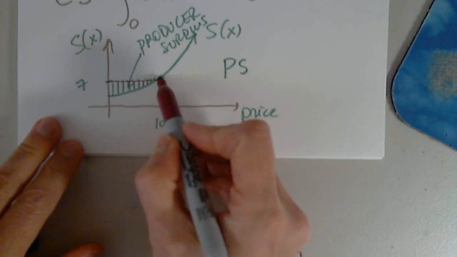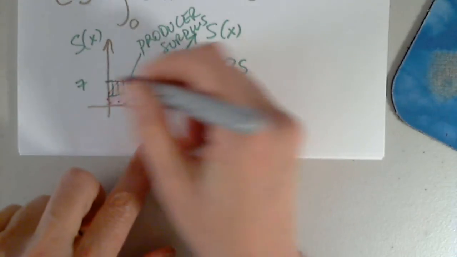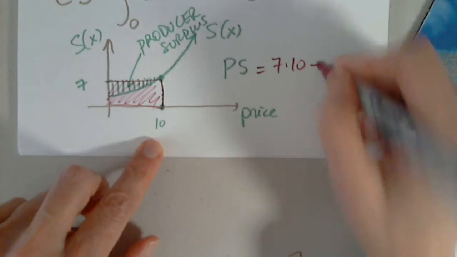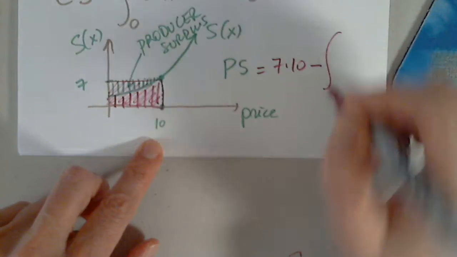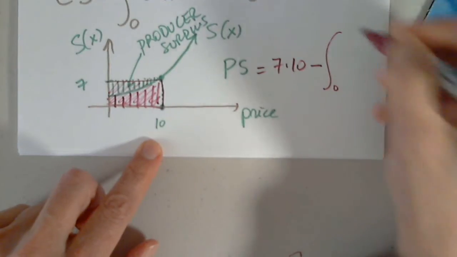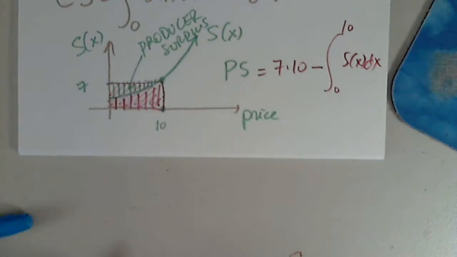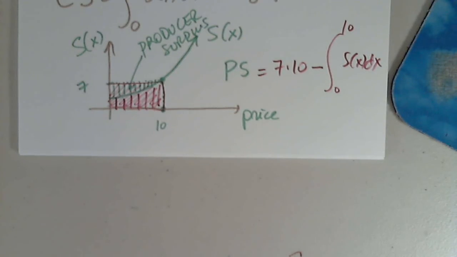From the area of the rectangle, which will be 10 times 7 in my example, I subtract the area under the graph, the integral from 0 to 10 of s of x dx. And this will be that added value for them, producing and selling us 7 units at $10 per unit.